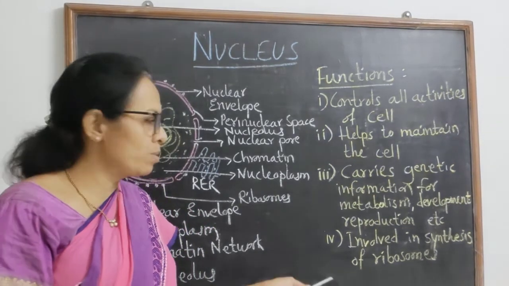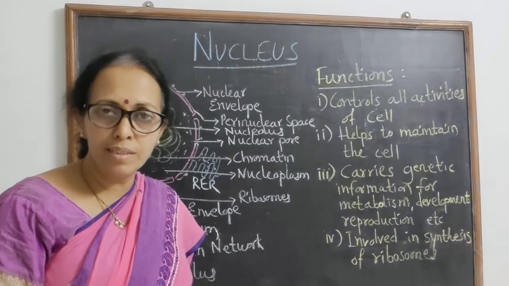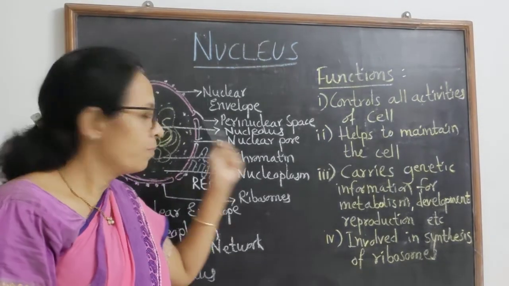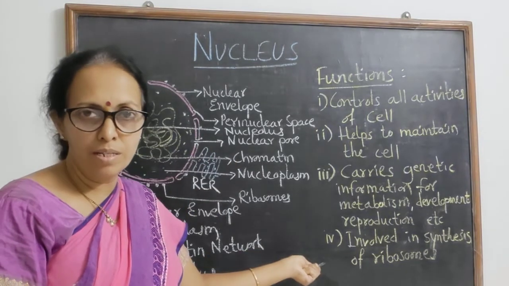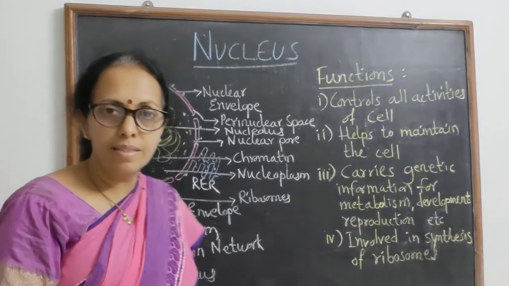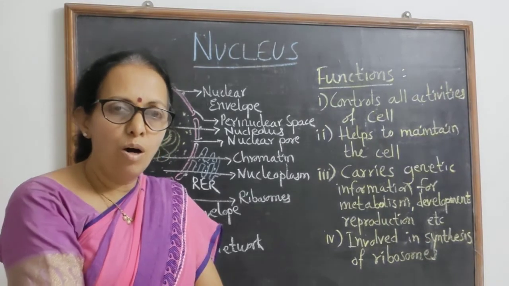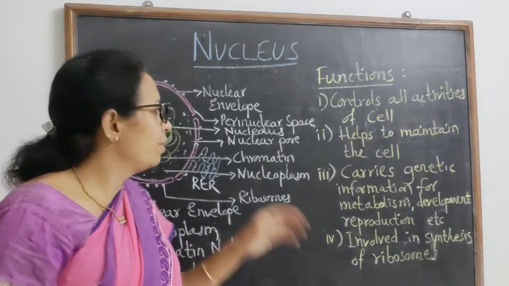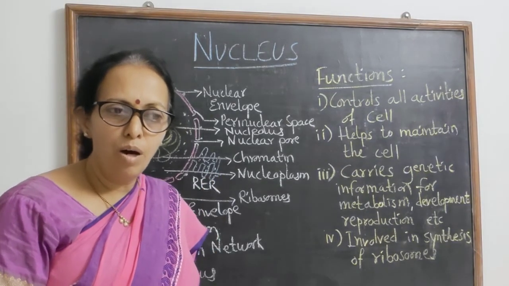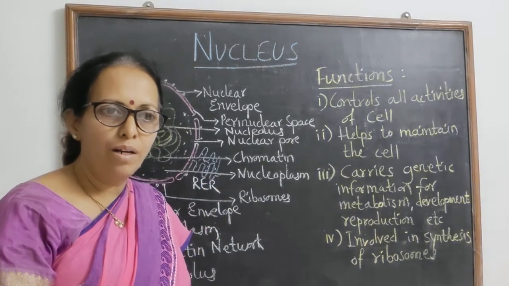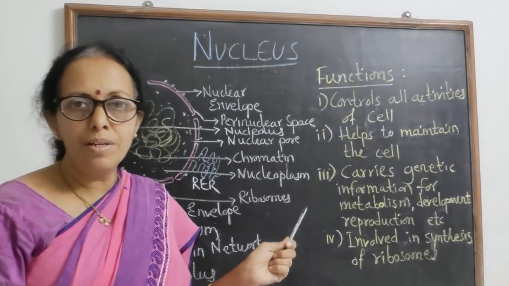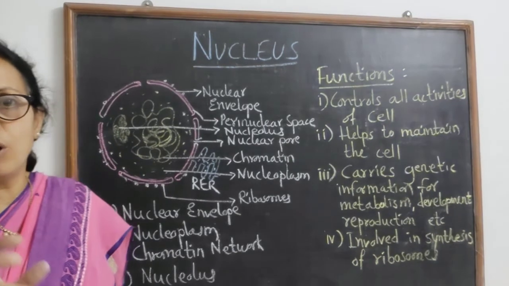We know ribosomes are involved in protein synthesis, and these ribosomes are made by the nucleus with the help of ribonucleoproteins. So that is all about the nucleus, which is the governing center or controlling center of the cell. It is a eukaryotic feature.